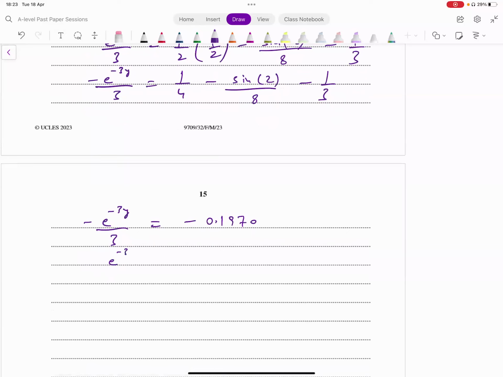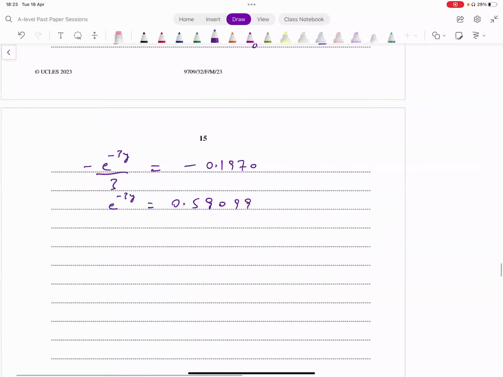You have e raised to power minus 3y equal to 3 into this. Multiply this by 3. This gives me 0.59099. Okay, now we need to find the value for y.